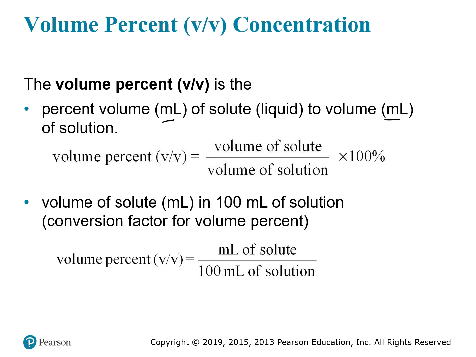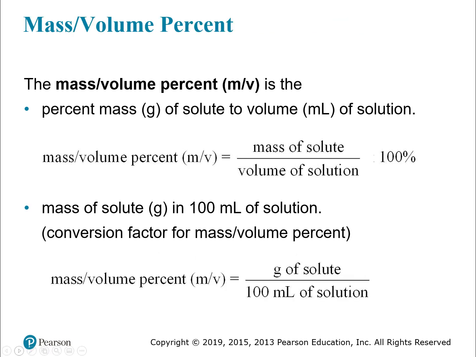And we'll do some practice with this in class. The other kind of percentage you can have is mass by volume. So you've got the mass of your solute and the volume of your solution. And typically speaking, it'll be in grams per milliliter.